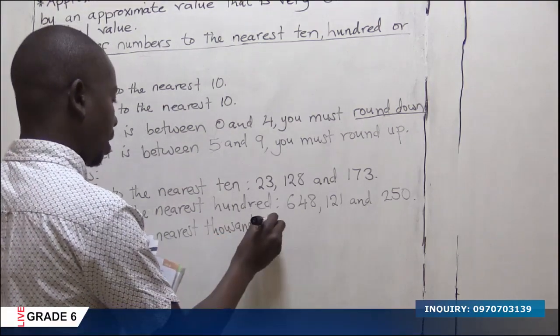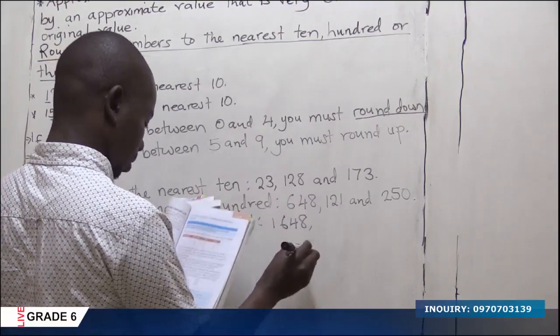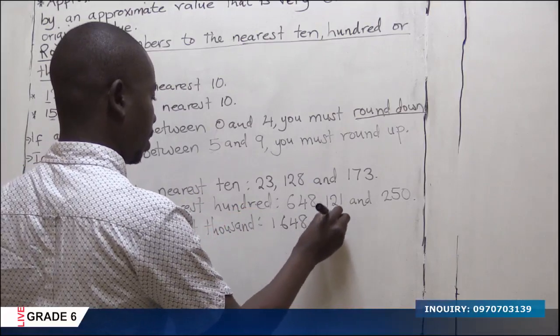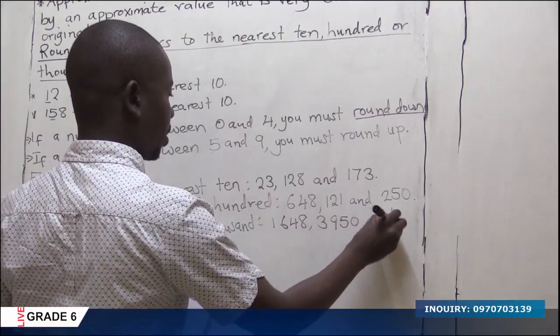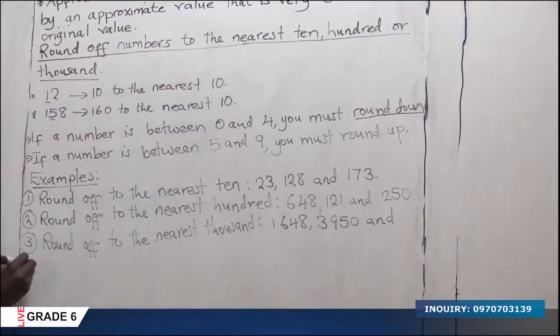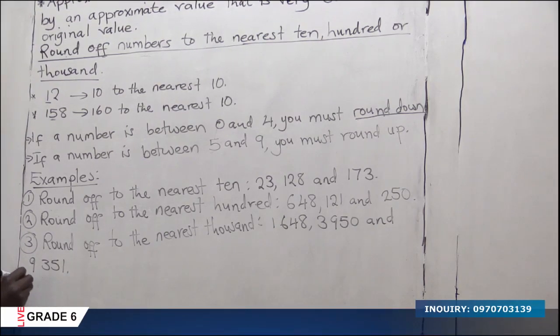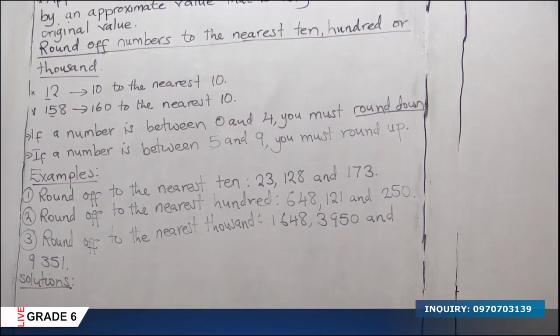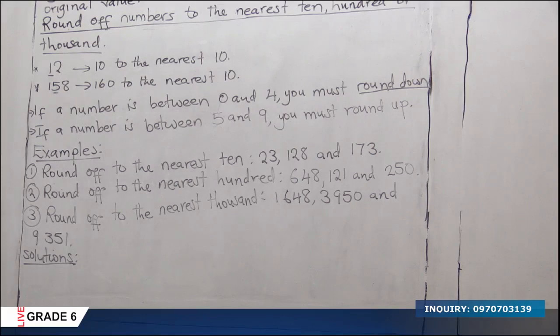So our numbers there are 1648, 3950, and 9351. Those are the numbers that have been given, boys and girls, for us to round off.